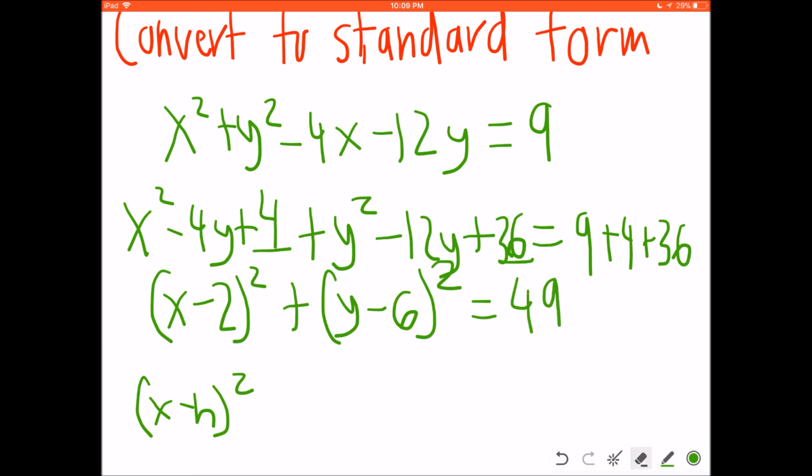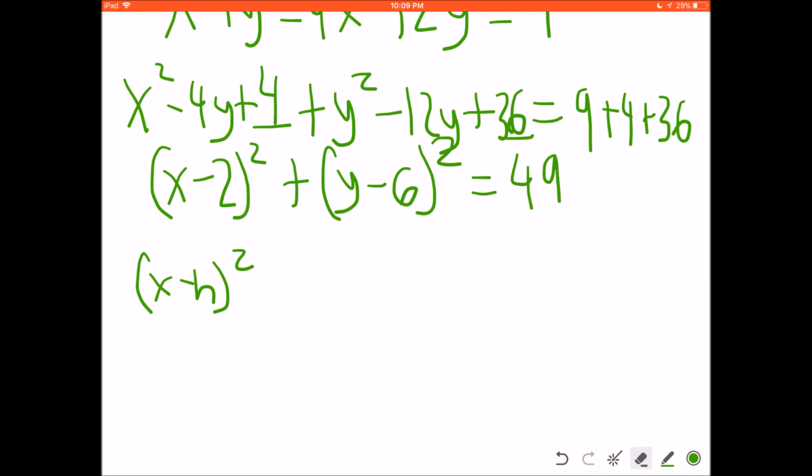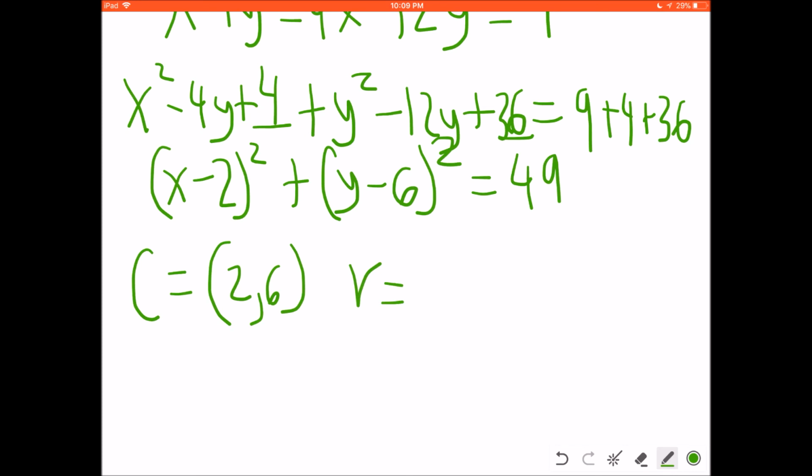And there you have it. There's your equation. So this is your standard form equation. We are done. And if I asked you what the center was, you would say the center is at 2 comma 6. And your radius would be the square root of 49, and that's 7. And this concludes the video.